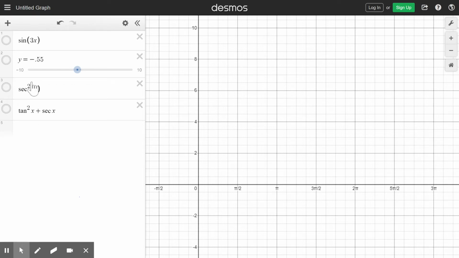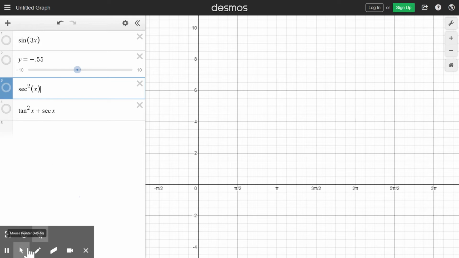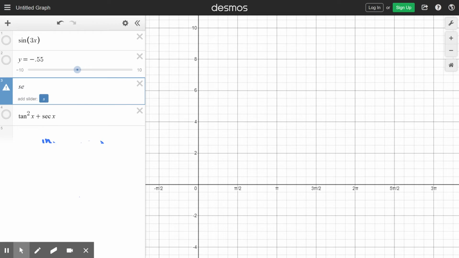Okay, so how do you type this in? The keyboard on Desmos, or the graphing calculator they use on Desmos, does not have a secant. But Desmos does. So you can type this in, okay, literally as secant.